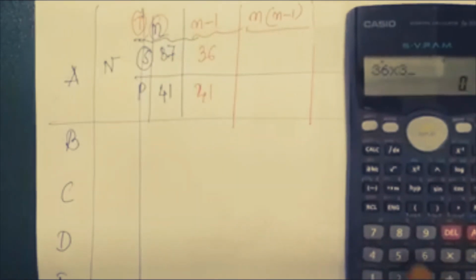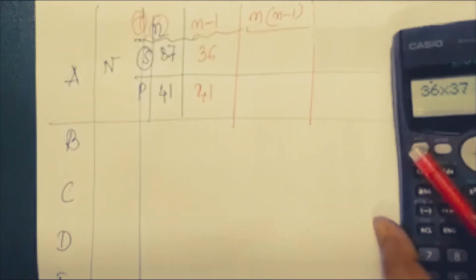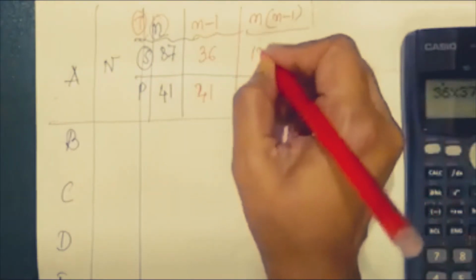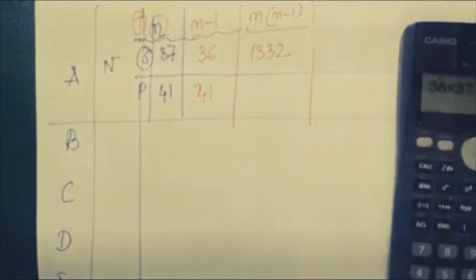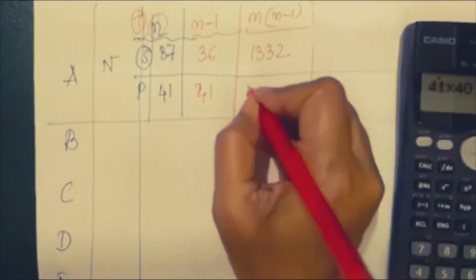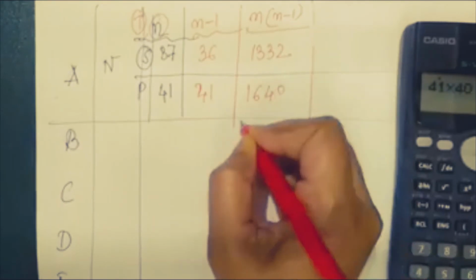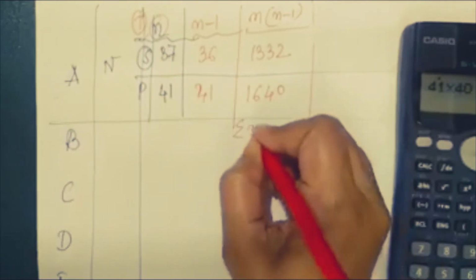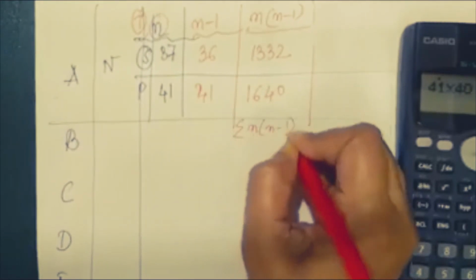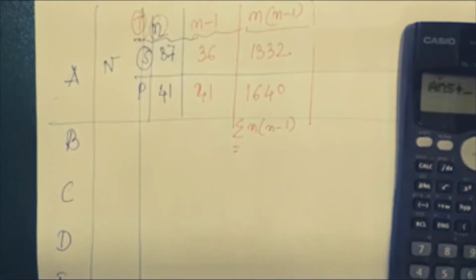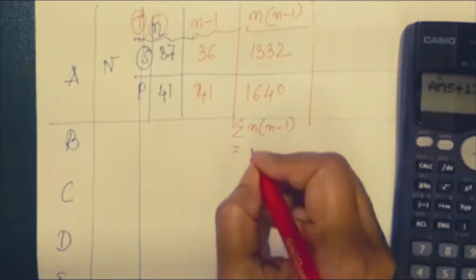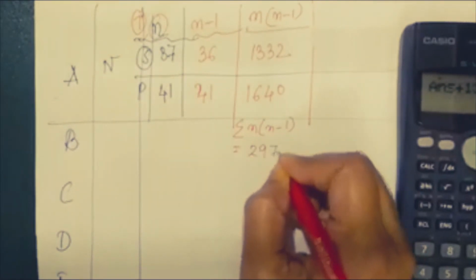36 into 37 is equal to 1332, and 41 into 40 is 1640. Then you can do the summation of n into n minus 1. Adding 1332 and 1640, the result will be 2972.